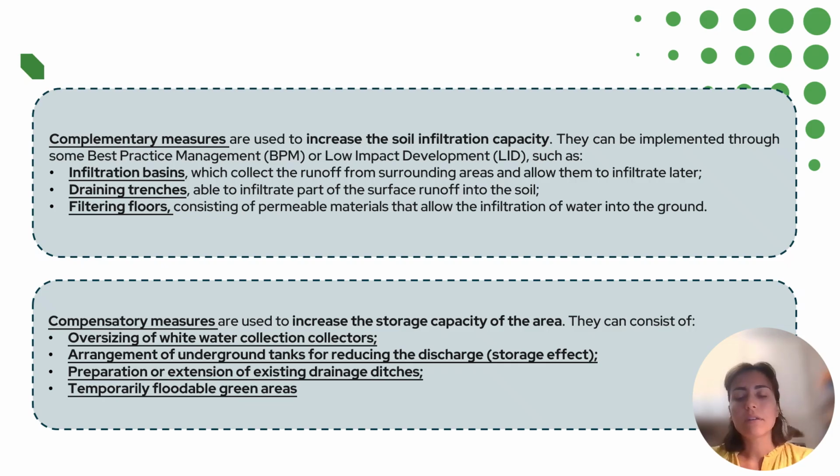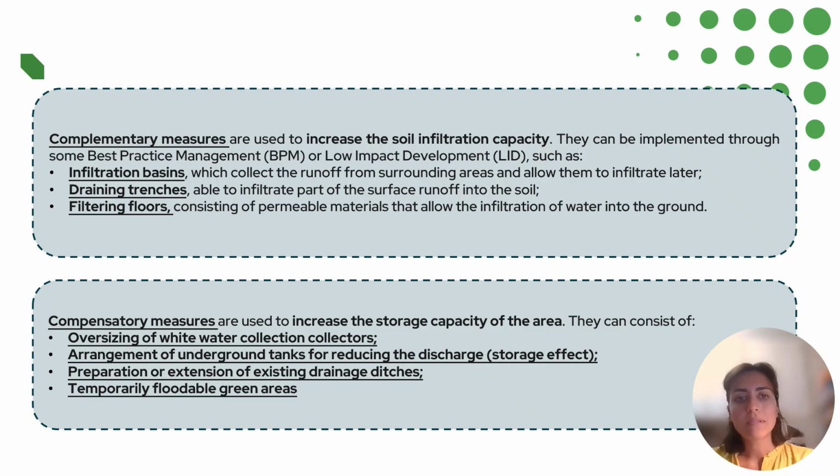The goal here is to enhance infiltration, and these measures are often applied through best practice management and low-impact development strategies. However, their benefits are usually moderate, so they are more suitable when a transformed area is not very large.